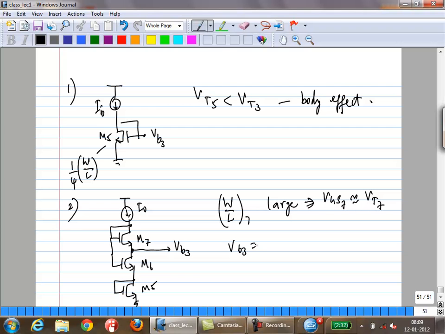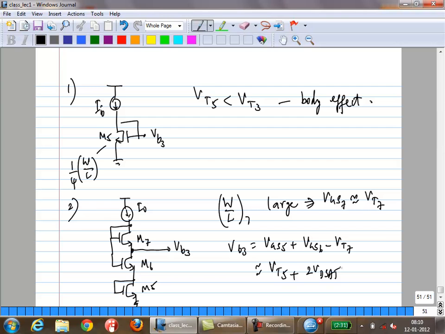So then what is VB3? VB3 is VGS5 plus VGS6 minus VT7. Approximately it is VT plus 2 VDSat.